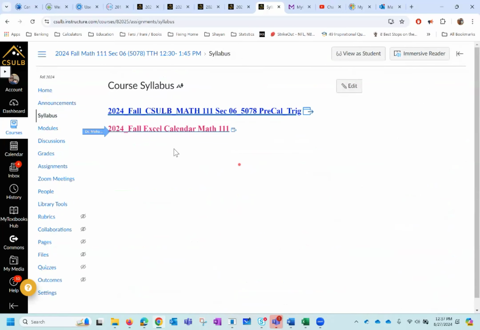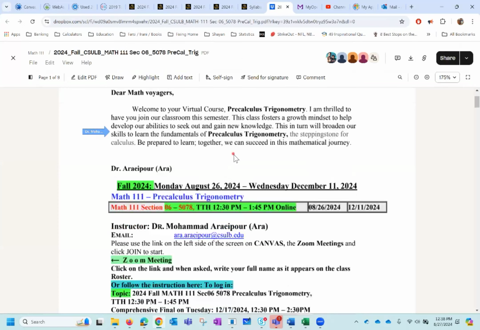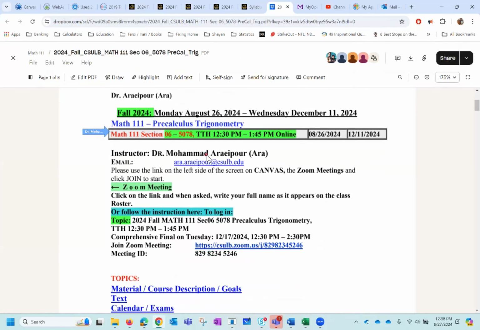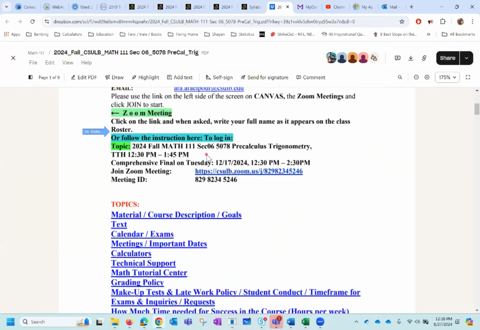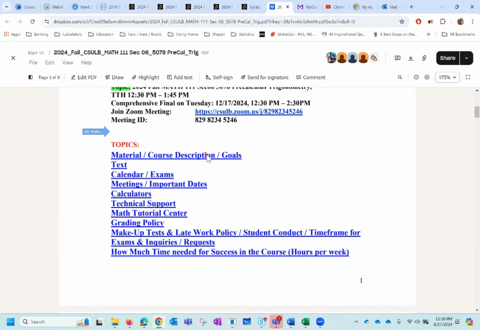By the way, you can go to syllabus there or on the left navigation bar. The first one is the syllabus. Gives you the information about the course, including the section number and the time that we meet, the Zoom meeting. And then you see various topics.